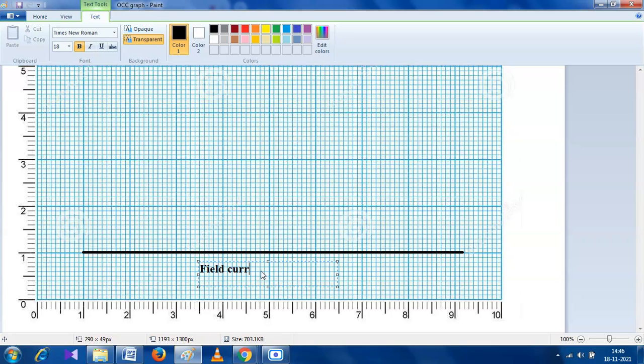Field current, basically IF. What is the unit of current? Ampere.